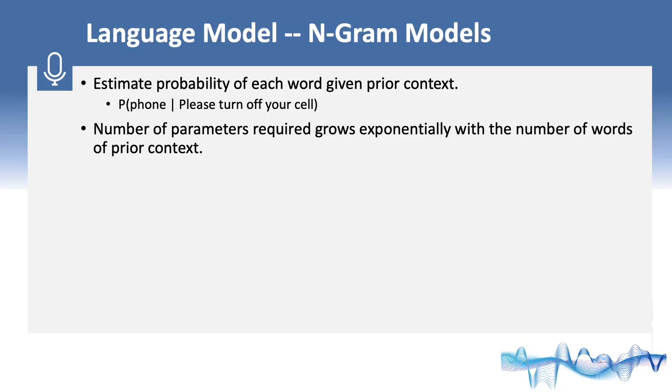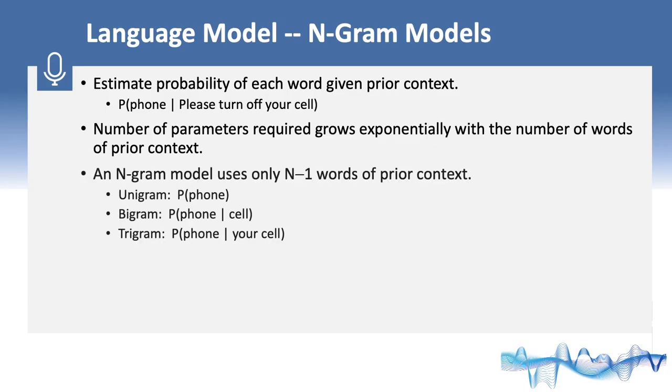To solve this problem, we introduce Markov assumption, which assumes that the probability of the current word only depends on the previous n-1 words. Thus, we get an n-gram model using only n-1 words of prior context.